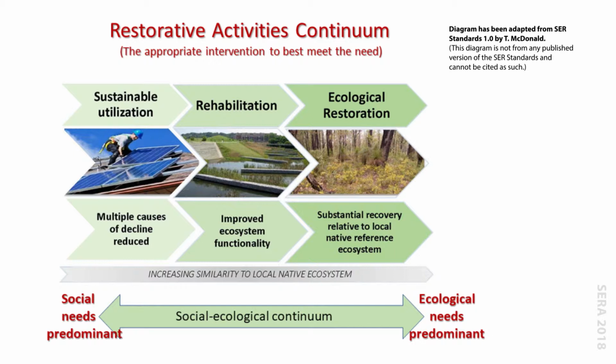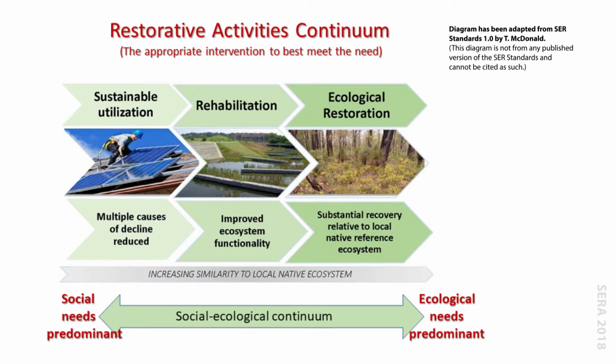What we have here is a diagram showing that there's a continuum. At one end we've got sustainable utilisation, in the centre rehabilitation, and at the right-hand end ecological restoration. This is not that one is a lesser activity than another.